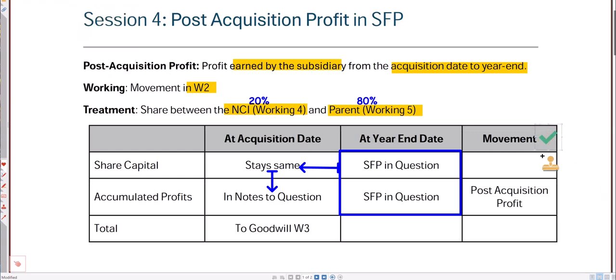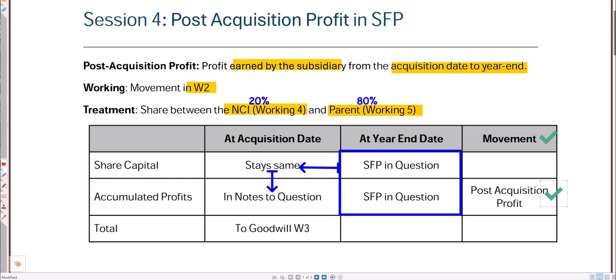The movement, well, if you had accumulated profits of, let's say, 100 at the acquisition date, and then by the year end they were 150, the movement would be the post-acquisition profit. And remember, that's what we're looking for. We are looking for the post-acquisition profit.